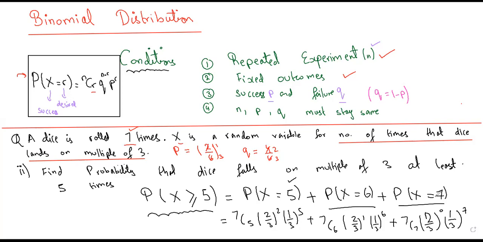All right, okay. So we can simplify this, but yes, the idea is clear that whenever the statement is at least 5 times and stuff like that, this is how you are going to do it.